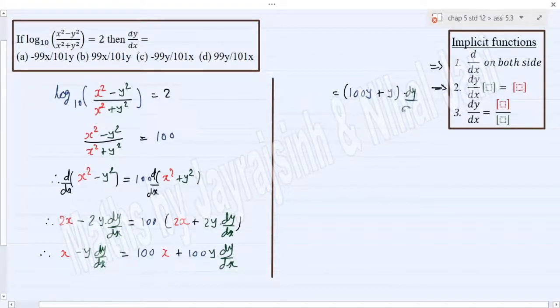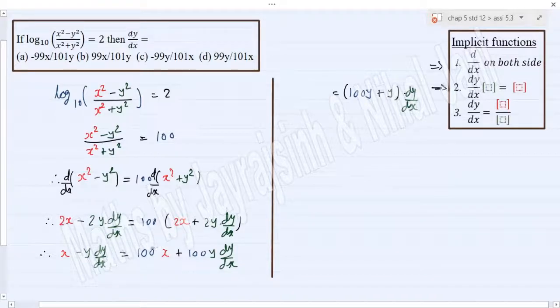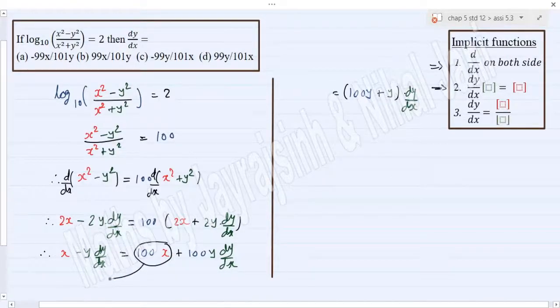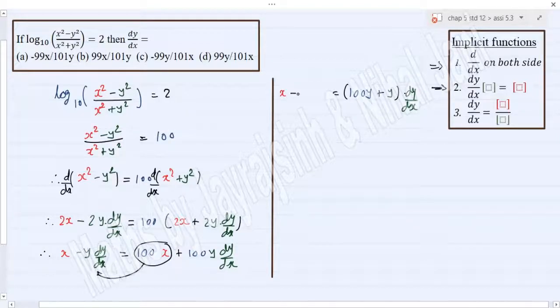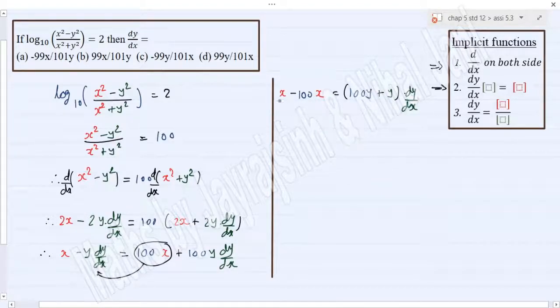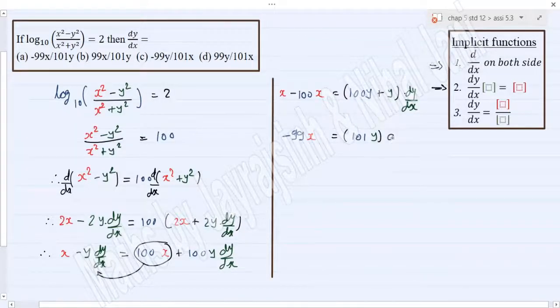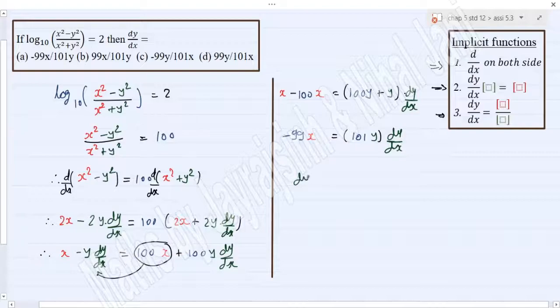We are taking dy by dx common. Now let's take 100x on the left side. We will get x − 100x. So we can say on the left side we will get −99x, and on the right hand side we will get 101y dy by dx.